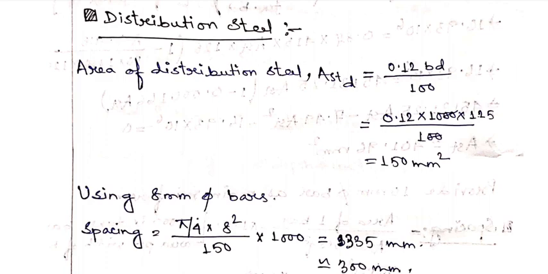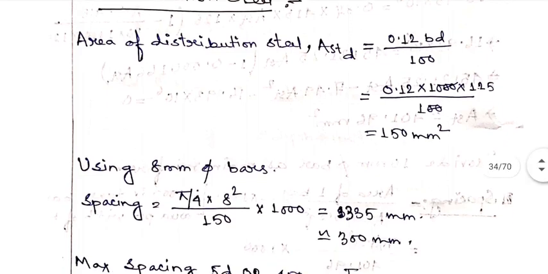So this is the area of distribution steel for this case. We can use 8 mm dia bars. So spacing is pi by 4 into 8 square by 150 into 1000, that is equal to 335 mm. So we can reduce the spacing, which will then be 300 mm.